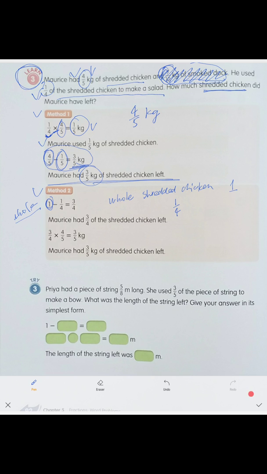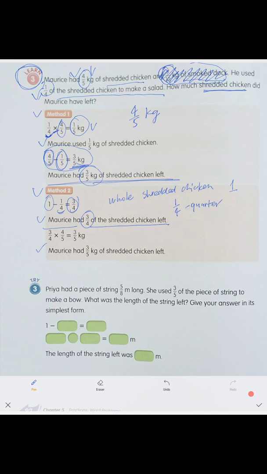Which part? 1/4, a quarter. A quarter was used. How much is left? 3/4, right? He had 1 whole. He used a quarter, 3/4 left. This is the answer. Maurice had 3/4 of the shredded chicken left.